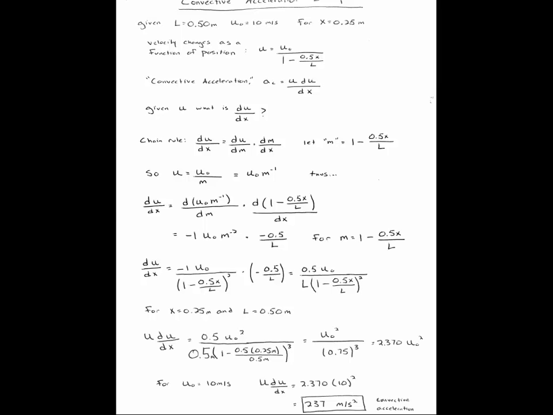And so the acceleration that we're doing is going to be the velocity multiplied by du/dx. So the velocity multiplied by du/dx is going to use the equation for velocity that we were originally given. So that's still there. 0.5 u naught squared divided by 0.5 meters, 1 minus 0.5.